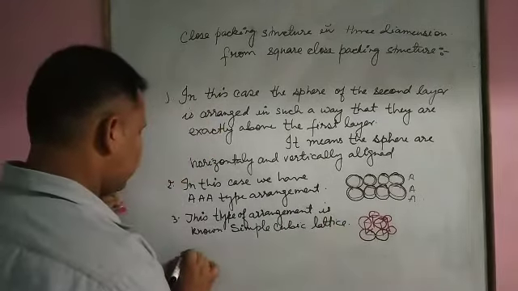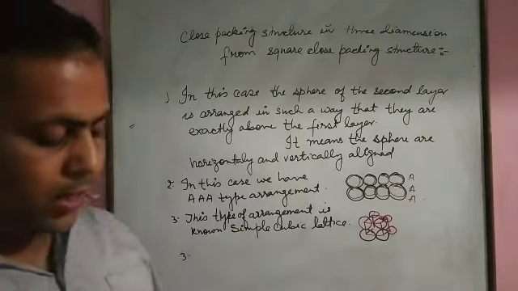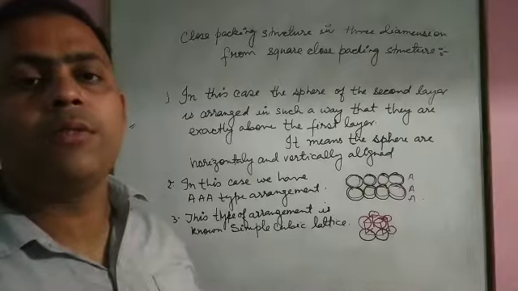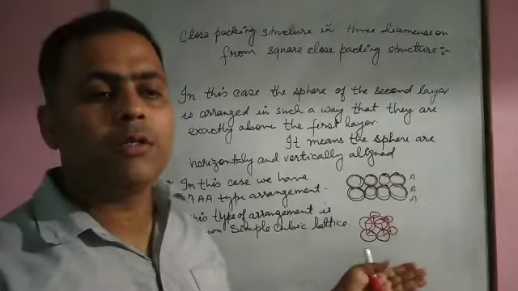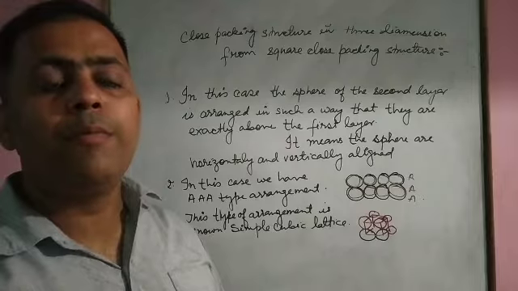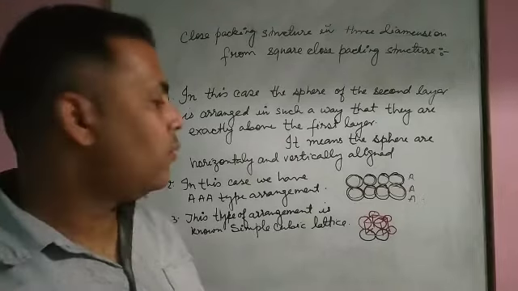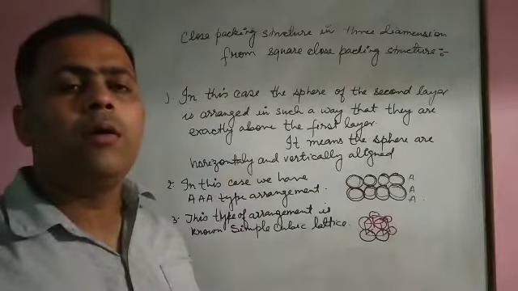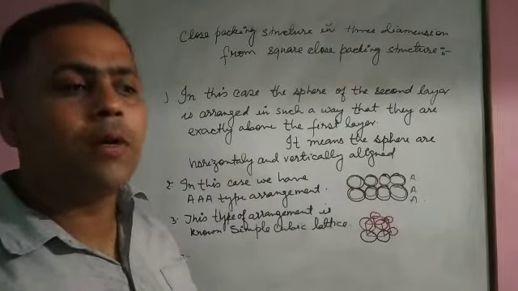To the next, what unit cell is formed? I told you, if you join the centers, what does it form? It forms a primitive or simple unit cell. We got a primitive cubic unit cell.